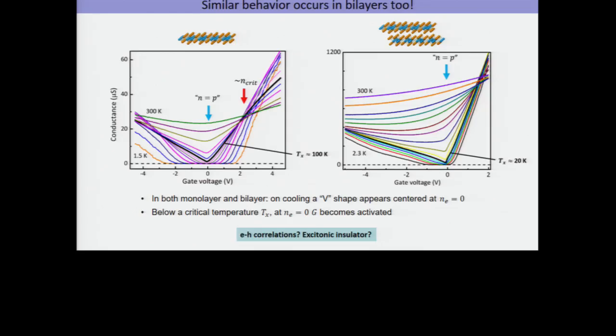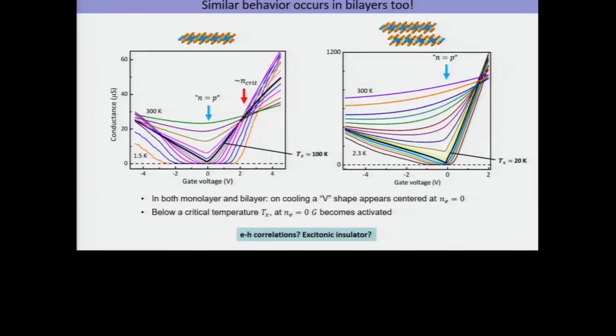Moreover, we see something very similar in bilayers, which is surprising because they ought to have pretty different band structure. According to any band structure calculations, the bilayer is still a semimetal with small electron and hole pockets, but it's a very different Fermi surface. Yet we see essentially the same thing happen.